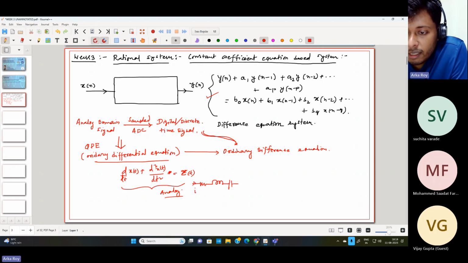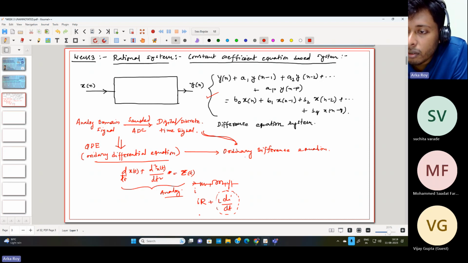So if current is going through this path, so I into R, then across this one we have L di/dt. That means this is coming in the form of a differential equation. So in the analog case, whatever components we have and corresponding equations that we have, that basically arises the differential equation.